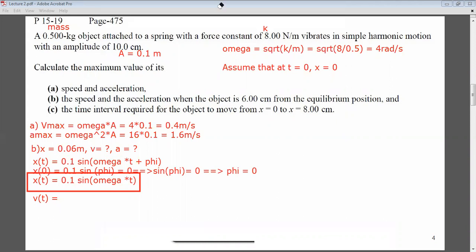Okay, so let's erase the box. So x of t is equal to 0.1 sine, with omega being 4, so 4t. So this is our equation that we will use.